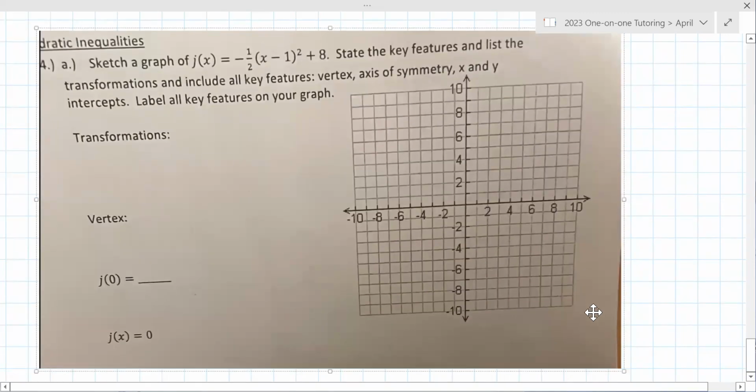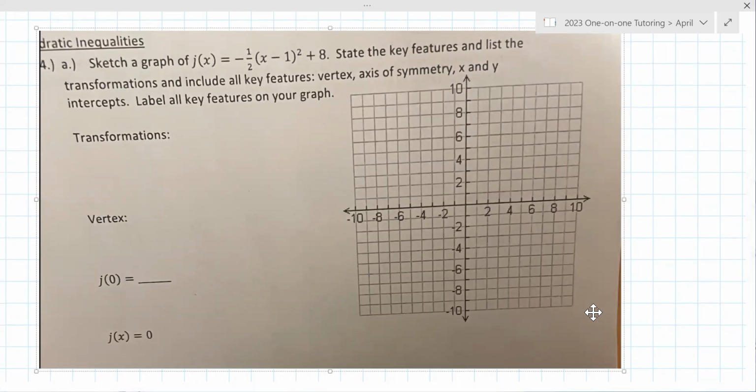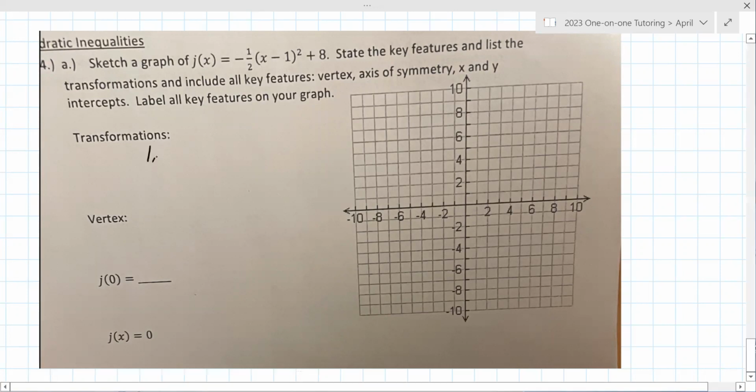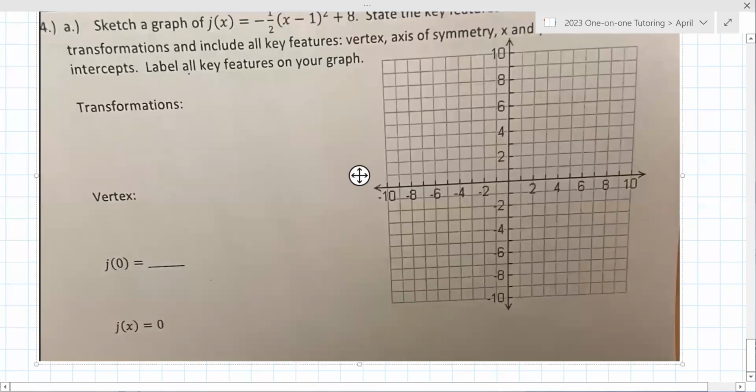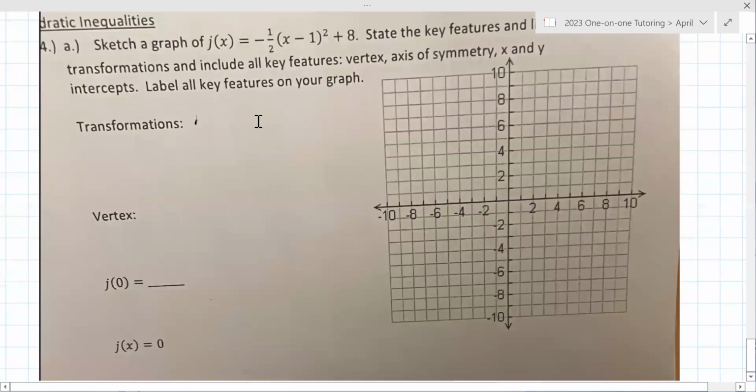We've got just enough time here probably to get 4 done, so that will be good. You'll at least have seen one of each type of problem that you'll have on the test. Let me back up here. 4 transformations here.